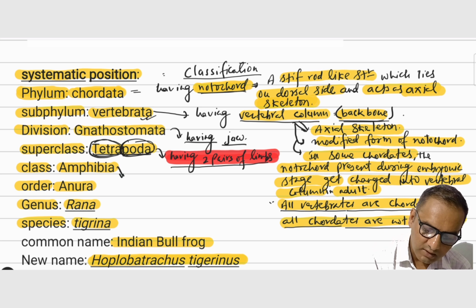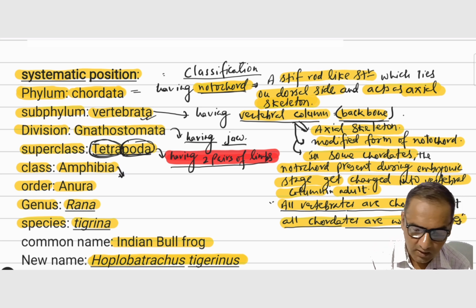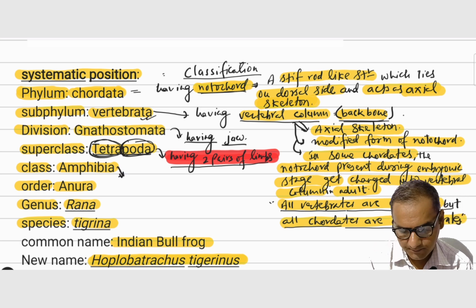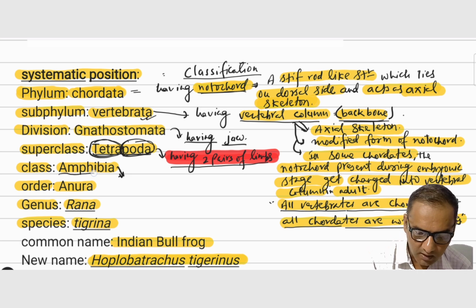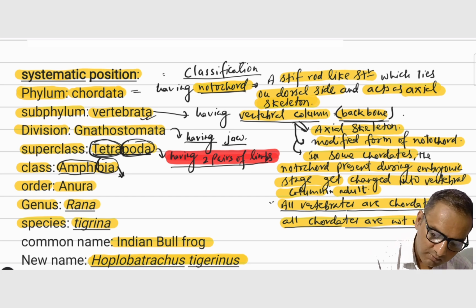Now the next one is Amphibia. The class is Amphibia. It includes two small words: one is amphi and another is bios. Amphi means dual, bios means life. So Amphibia means having a dual mode of life.